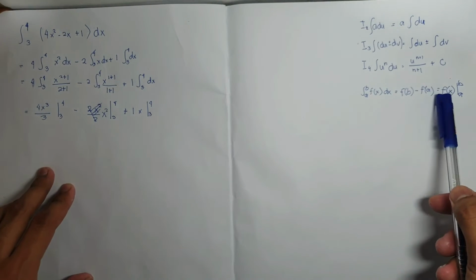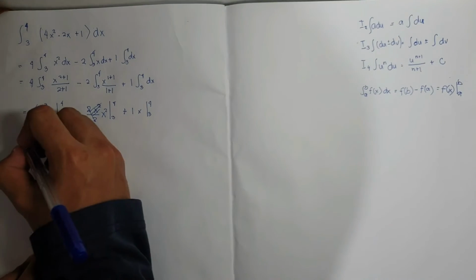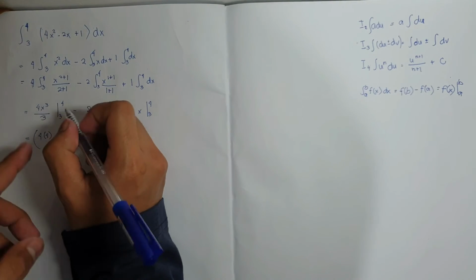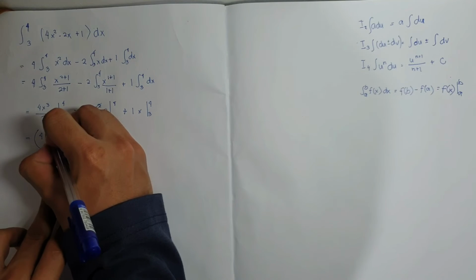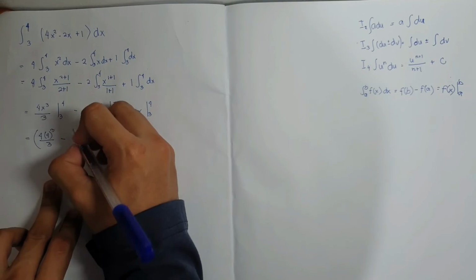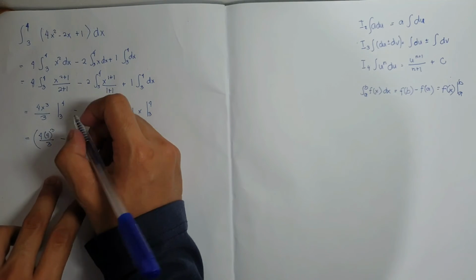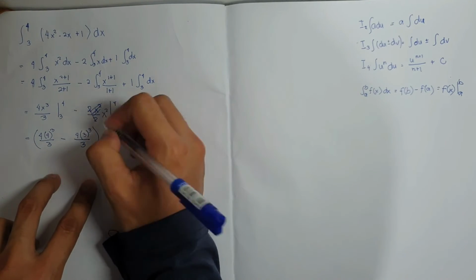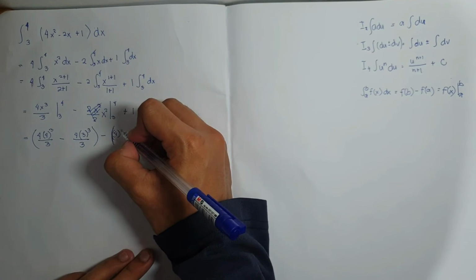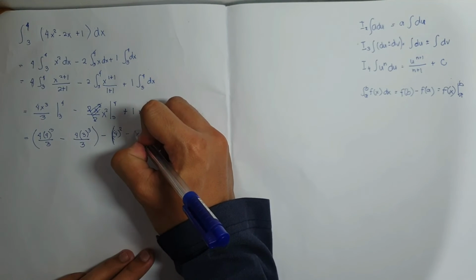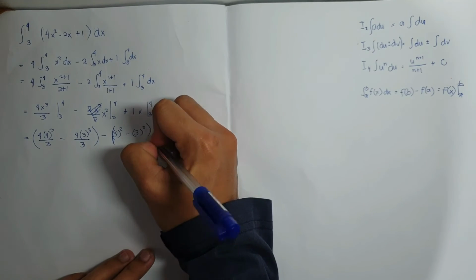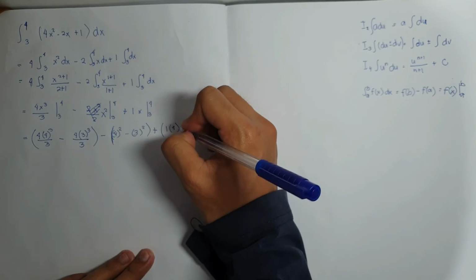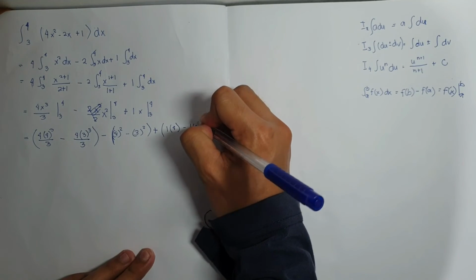So it goes like this: 4 multiplied by 4, which is our b, raised to the power of 3 over 3, minus 4 multiplied by 3, which is our a, to the power of 3 over 3, minus 4 raised to the power of 2, minus 3 raised to the power of 2, plus 1 multiplied by 4, minus 1 multiplied by 3.